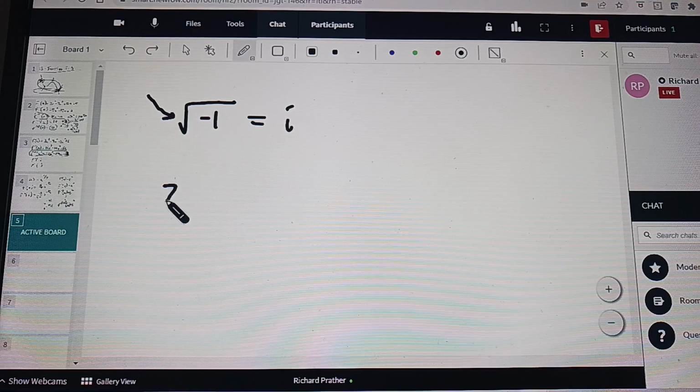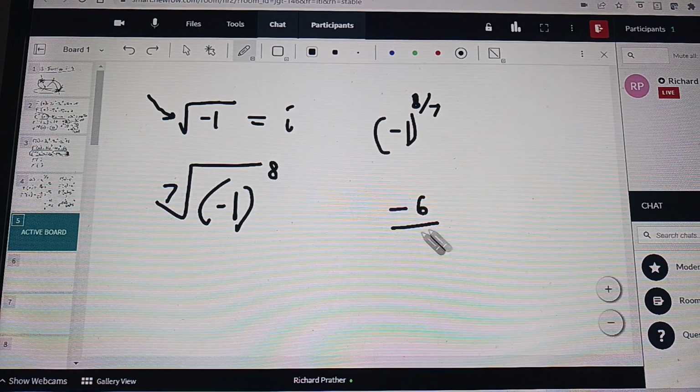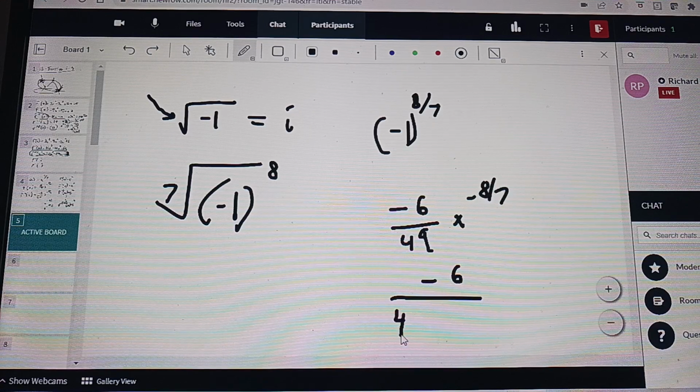But if you do a 7th root of negative 1 to the 8th power, that's what negative 1 to the 8/7 power would be. And because we had negative 6 over 49, x to the negative 8/7, if I drop that x to the denominator, then it can become positive 8/7.